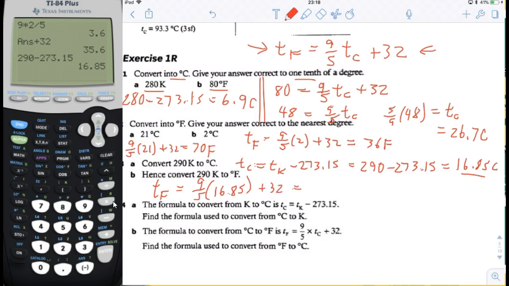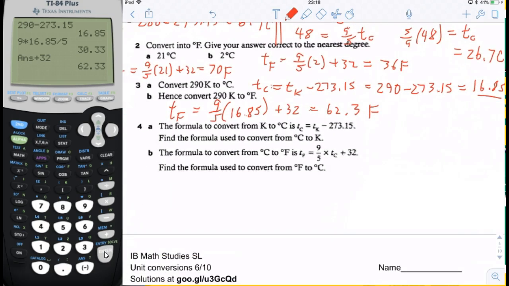So I'm going to do 9 times 16.85 divided by 5 for the first term, and then I add that to 32, which gives me 62.33. So I'll put 62.3 Fahrenheit. Okay.